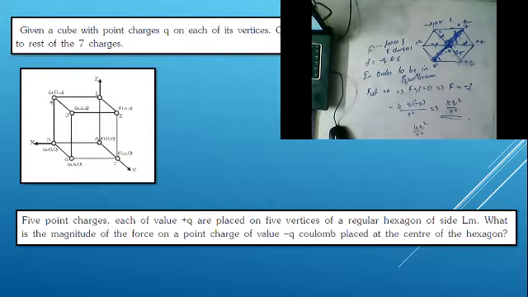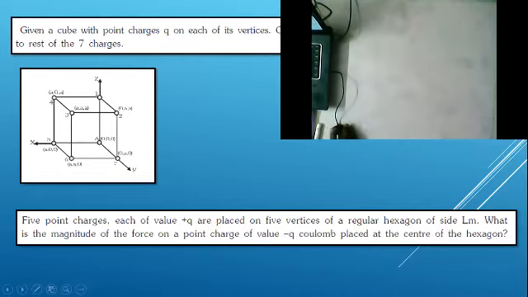So the answer is how much, guys? kq square by r square. So this is how you need to solve the problem. Okay, I hope you all understood. I hope you understood these two problems. These are some important tough problems that we have completed so far, and you can go through the exercises, where you can find different types of problems.